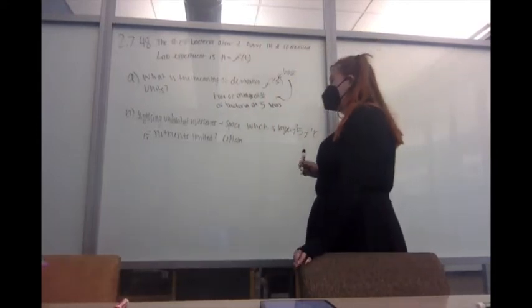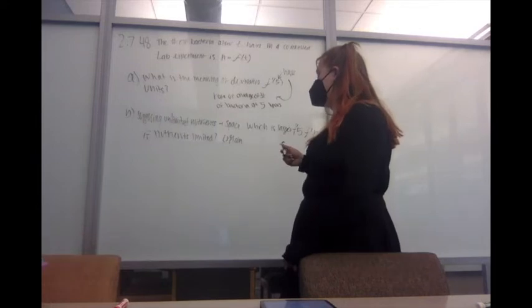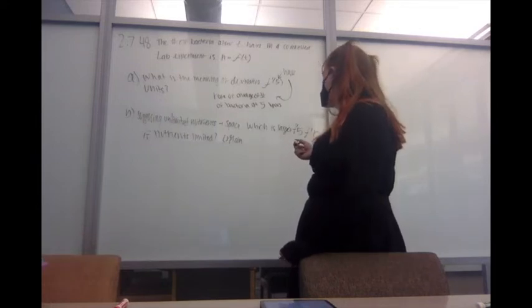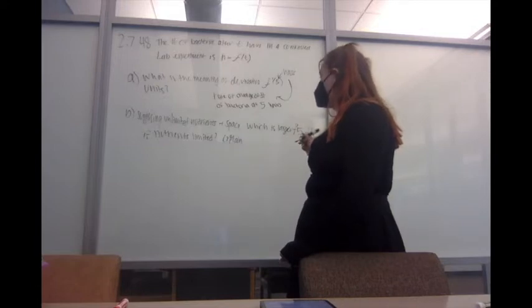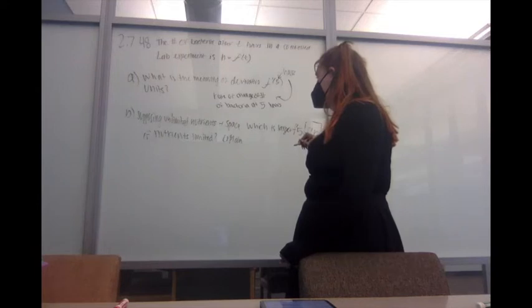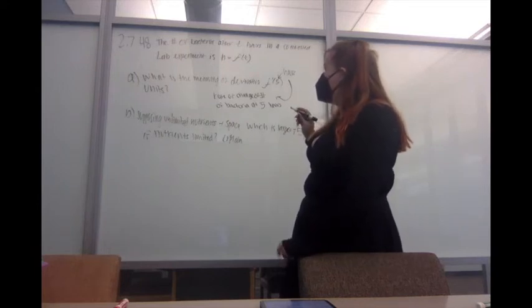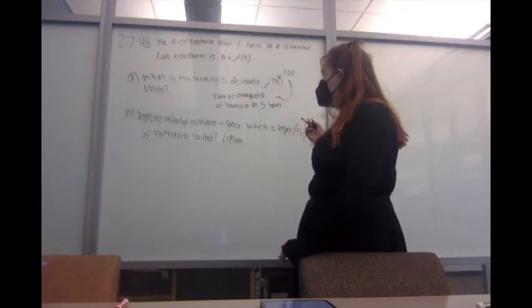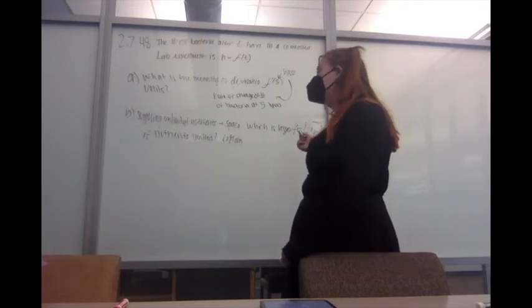And then part B was supposing unlimited nutrients and space, which would be larger, f prime of 5 or f prime of 10. It would be f prime of 10 with unlimited nutrients because it was growing in a positive way, so it would just keep increasing as the hours went on.